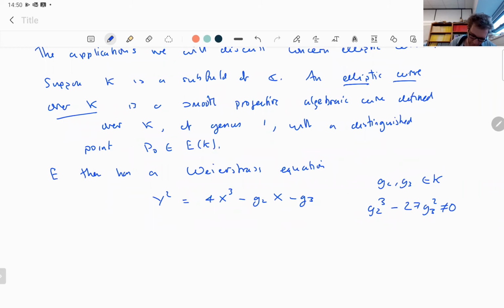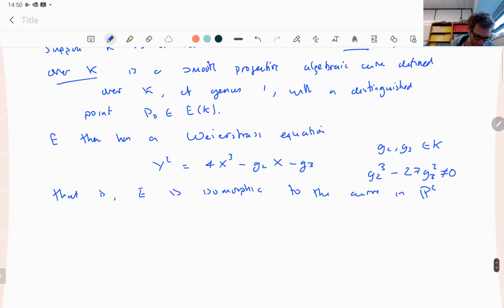Well, this is an affine equation, so E is isomorphic to the curve in P2 cut out by the projectivization of this, given by zy squared equals 4x cubed minus g2xz squared minus g3z cubed.